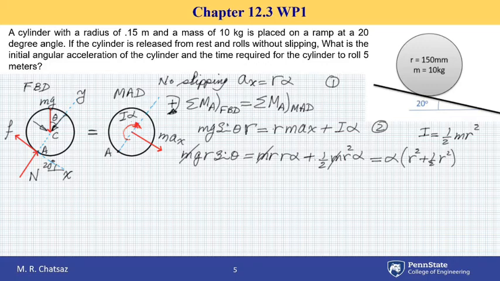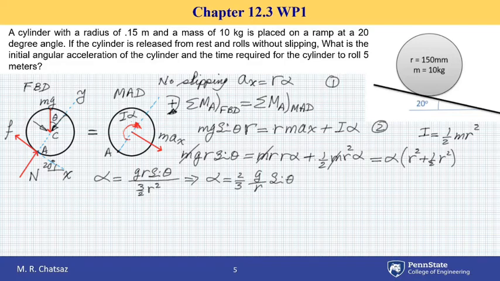This enables me to solve the equation for alpha and write alpha equal to g r sine theta divided by 1.5, or 3/2, r squared. I can simplify this even further and write alpha equal to 2/3 of g over r sine of theta.